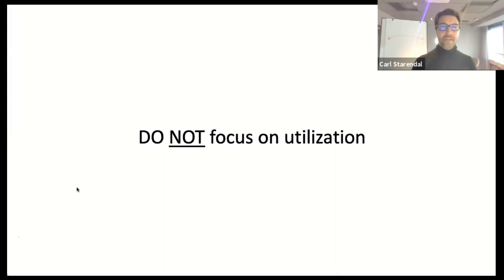And whatever you do, don't focus on utilization. Like if you're asking, does everyone have something to do? I'm like, then obviously you're busy. But if you're optimizing for busy people, you get busy people.